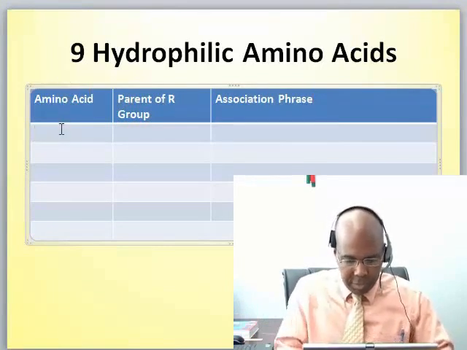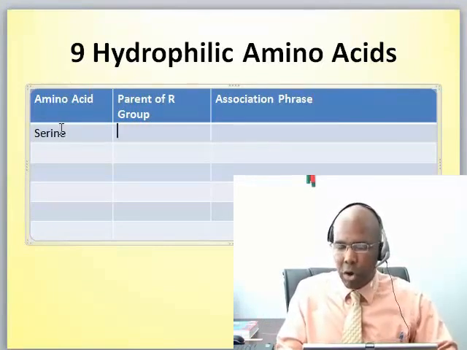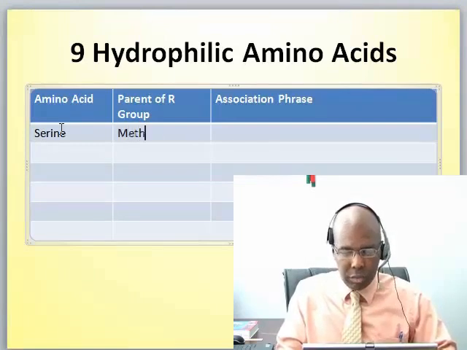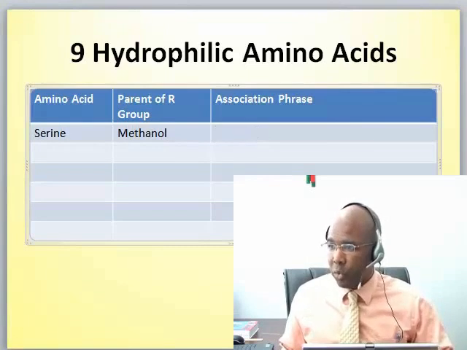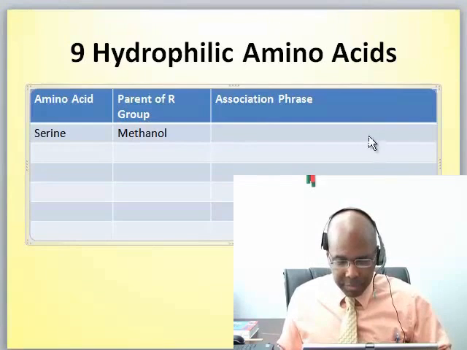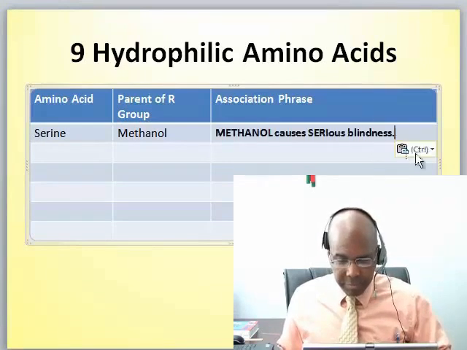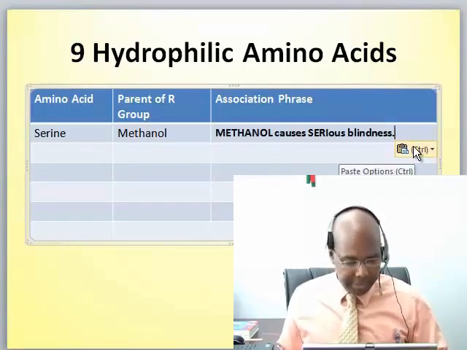Okay. Now the first amino acid was serine, and the parent of the R group was methanol. And our association phrase, I'm just going to copy this: Methanol causes serious blindness.